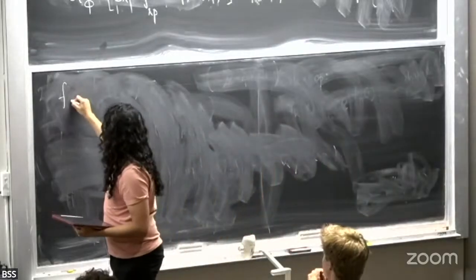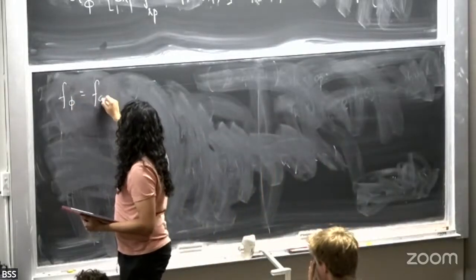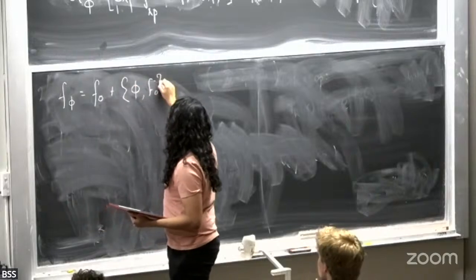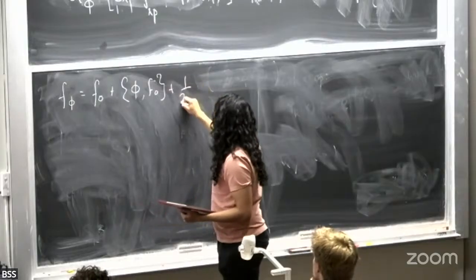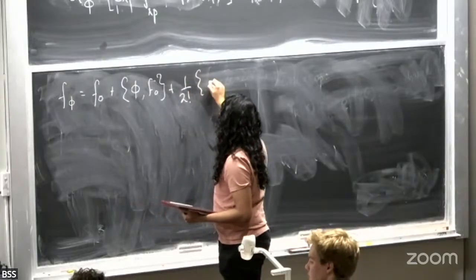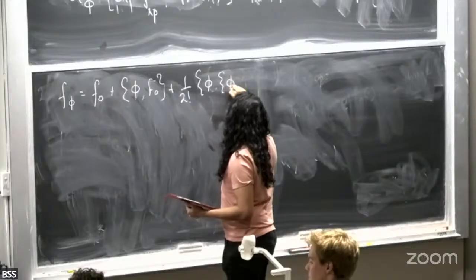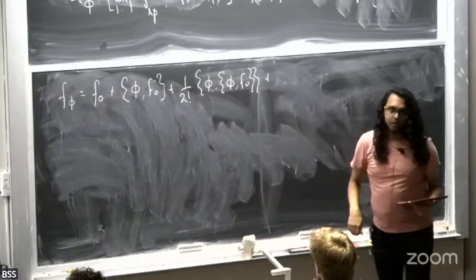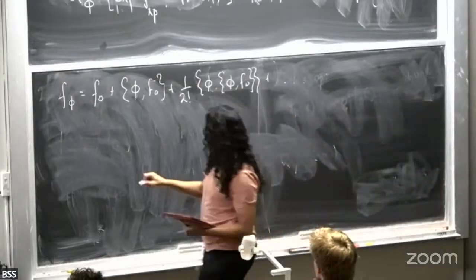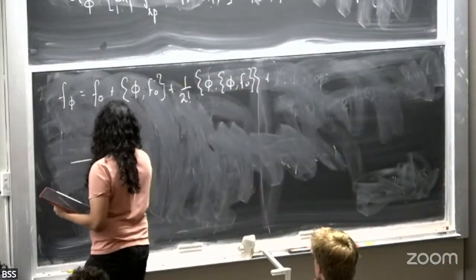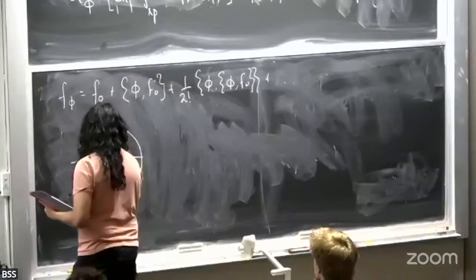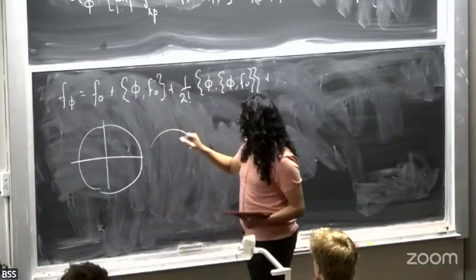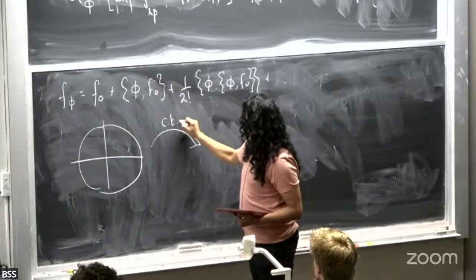So if I have this f phi, which is related to f naught in the semi-classical limit by a sequence of Poisson brackets, what this is doing is starting with a circular Fermi surface, and then acting on it via a canonical transformation generated by phi.